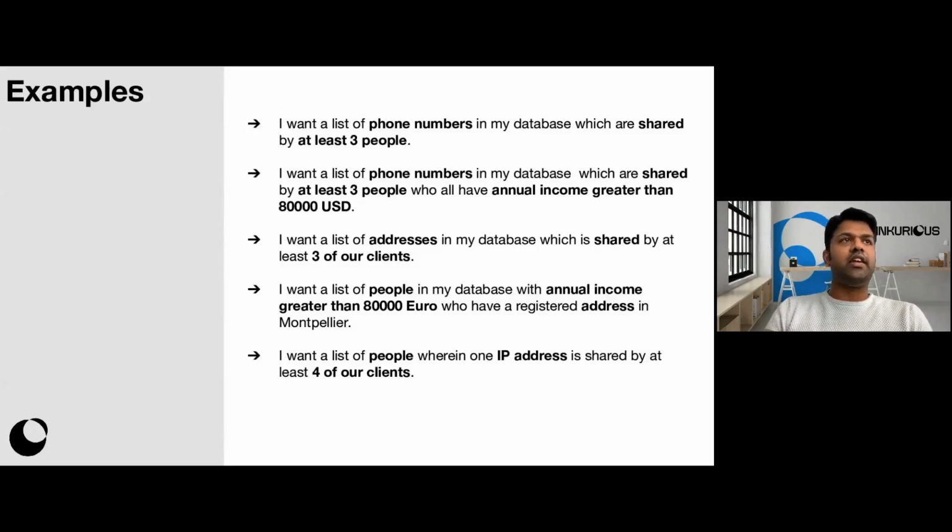So in that case, let's say you want to see the list of people who are using the same email ID or the same physical address, or who are accessing your banking application from the same IP address, and so on, then that is also possible with the no code query builder.